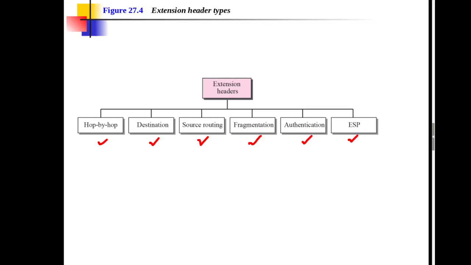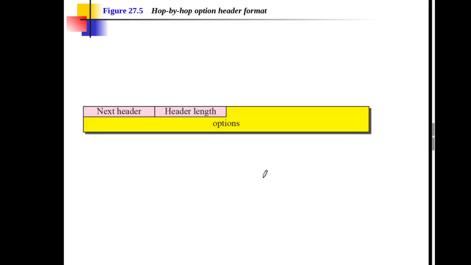So you will see these things now. The hop by hop option header has next header, header length, and options, right?